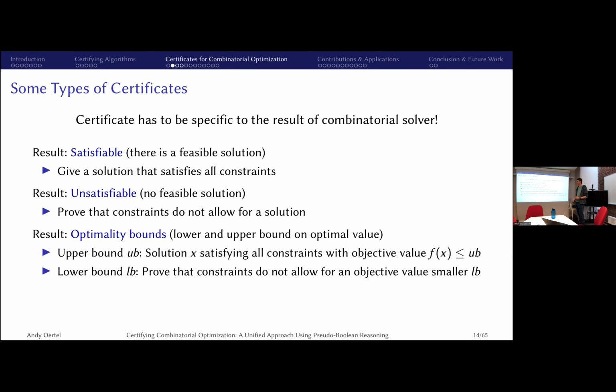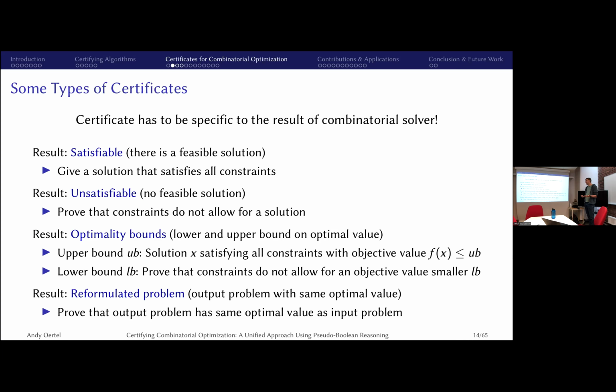Again, for optimality, when we want to give upper bounds and lower bounds on the optimal value, then for a minimization problem the upper bound is just giving a solution that is at least as good as the upper bound that we claim. But for the lower bound, we actually have to prove that our constraints do not admit an objective value that is smaller than the lower bound.